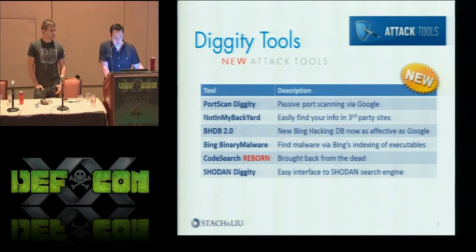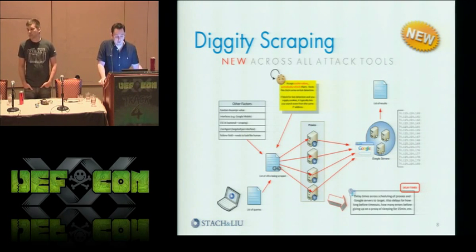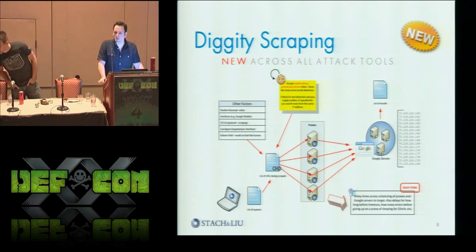I want to get right into some of the new tools that we just released. But even before that, one thing to note: until this version, we had hooked up the Bing API for Bing Diggity and the Google Custom Search API for Google, but now that Bing is moving to a pay model, and just to get the number of results that we really want, we've implemented scraping of Google across all of the attack tools, which was no easy task.